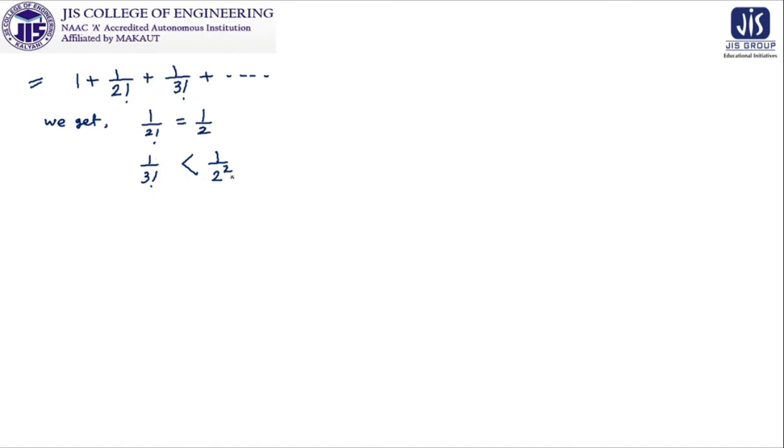In the similar manner, we can write 1 by 4 factorial is less than 1 by 2 to the power 3. And in this way, you can also write up to the nth term, because we need the partial sum: 1 by n factorial is less than 1 by 2 to the power n minus 1, from the symmetry of this comparison.